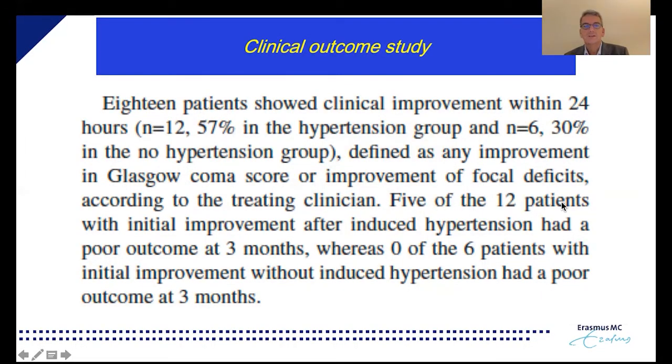But 5 of these 12 patients with initial improvement had a poor outcome at 3 months, but 0 of the 6 patients with initial improvement in the control group had a poor outcome at 3 months. So this means that even when there's an initial clinical improvement, this does not seem to translate into long-term benefit.